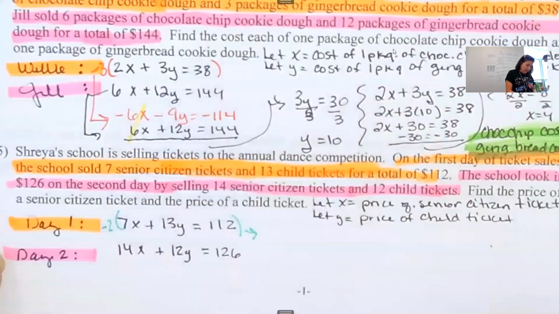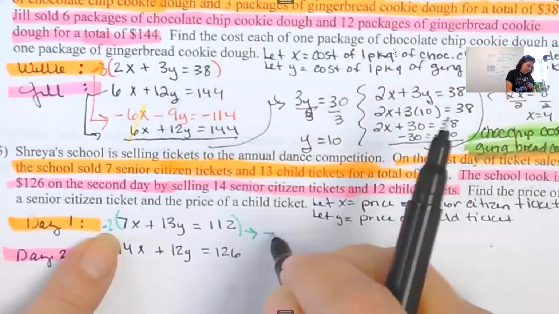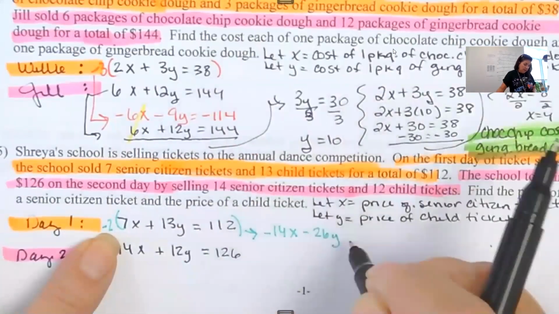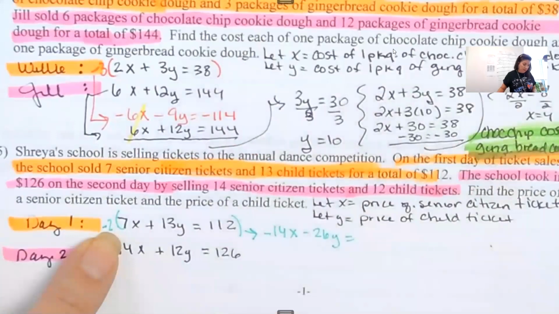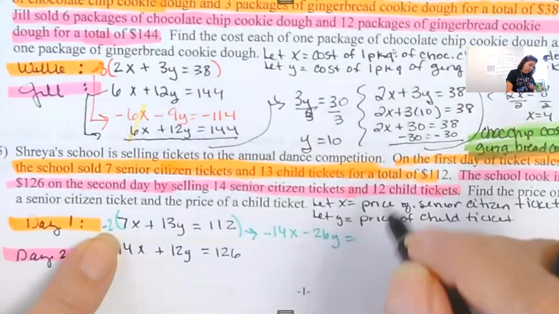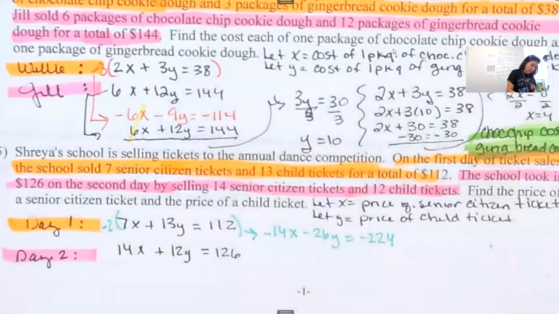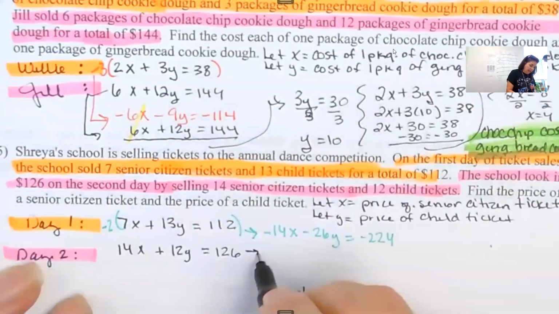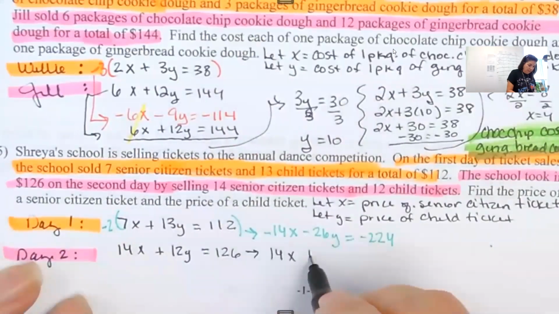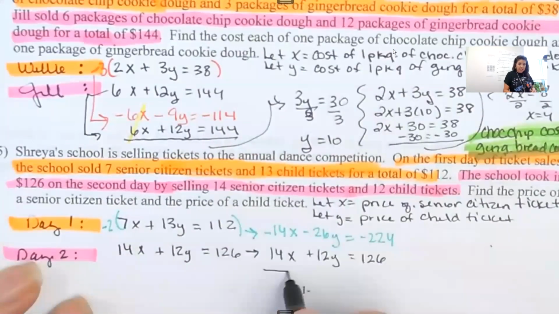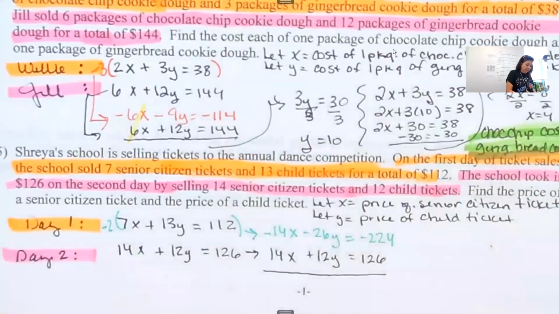So when I do that, I get negative 14x minus 26y equals, what is that, 224? I always have to second guess myself. Negative 224. Do I need to multiply the bottom equation by anything? Nope. So that's 14x plus 12y equals 126. My x's eliminate as I suspected.